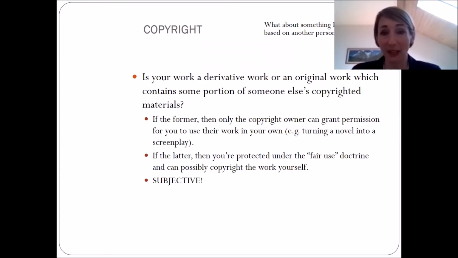So one thing we get a lot of questions about is, what if you take something that's already pre-existing and tweak it a bit? Can you own that work, or does somebody else own that work? This is a sliding scale, and it's going to be very fact intensive.